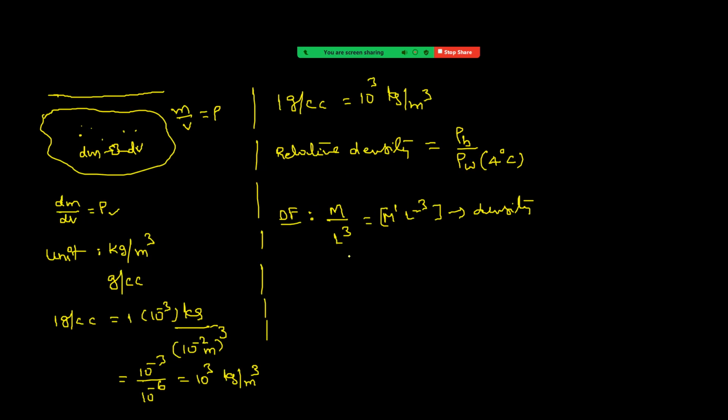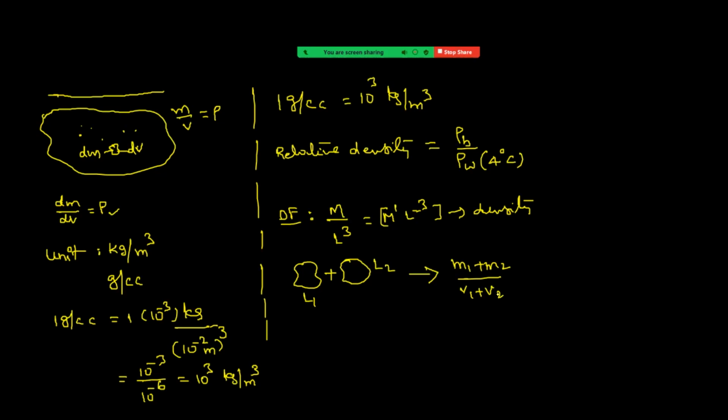Right? Suppose we are mixing liquids, for example liquid 1 and liquid 2. When we are mixing two liquids, what is the density of the combined one? Then we have to focus again on the definition. Density is defined as mass upon volume. So here we take the sum of the masses, m1 plus m2, upon the sum of the volumes.